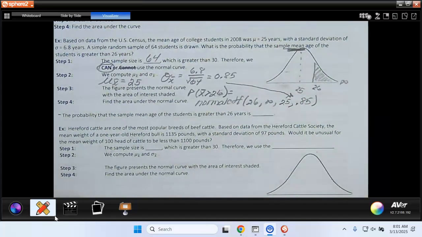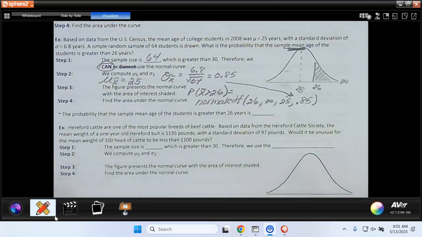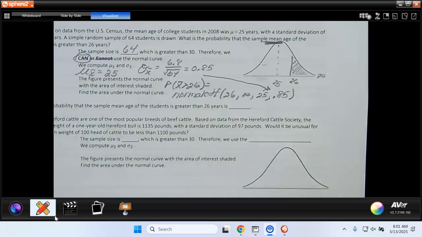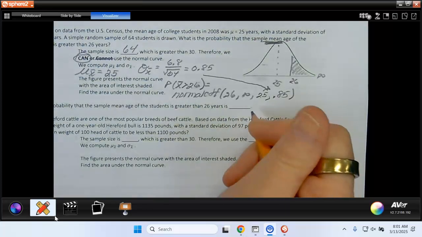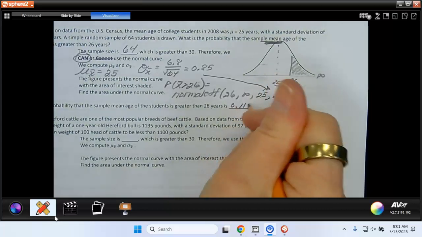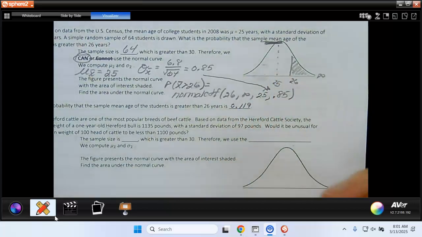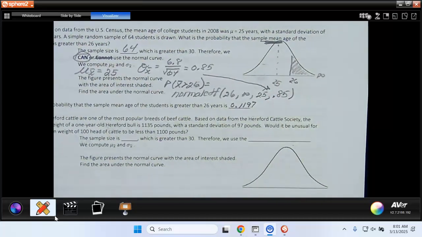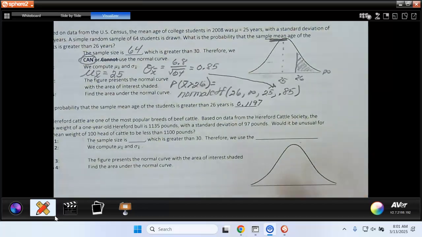The mean is 25, because that's what the problem was asking for. And you get 0.119 something, and I can't see what I wrote. Is that a 7? Okay, thanks.